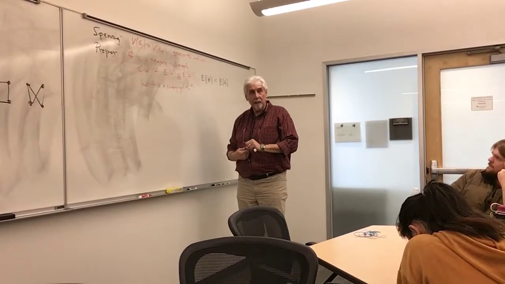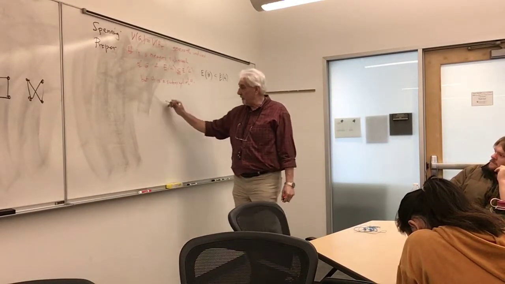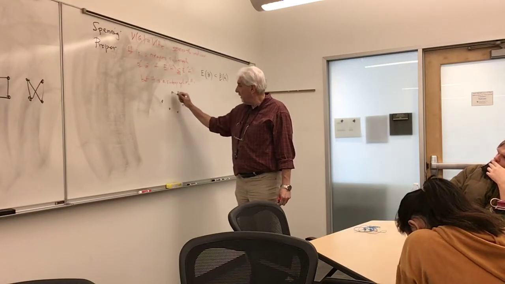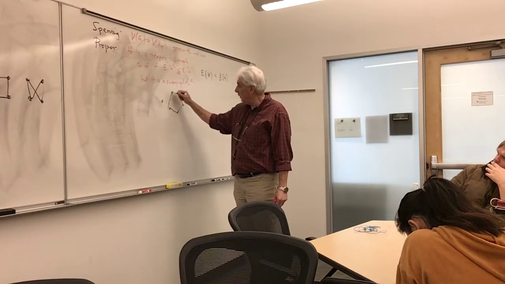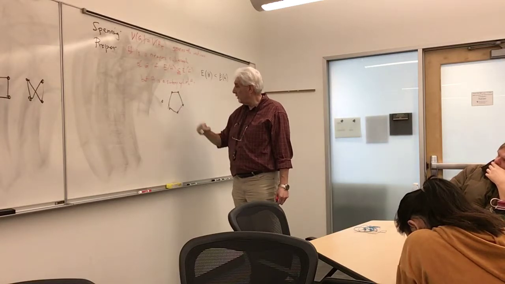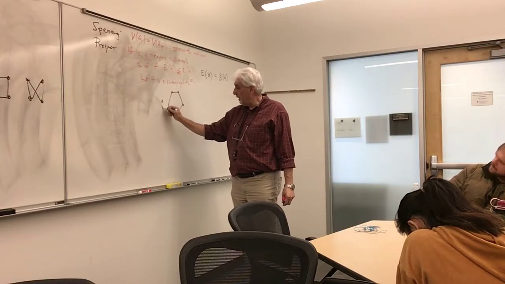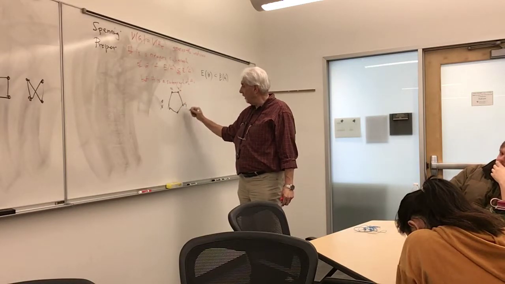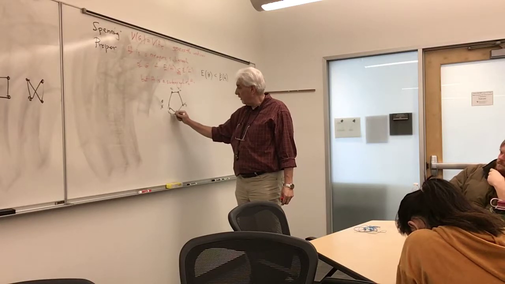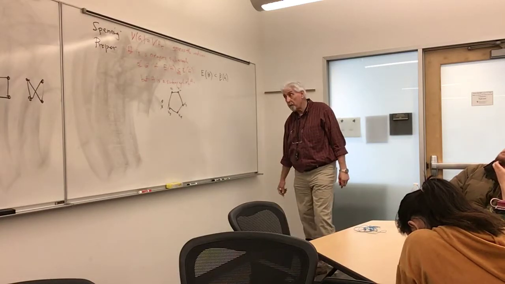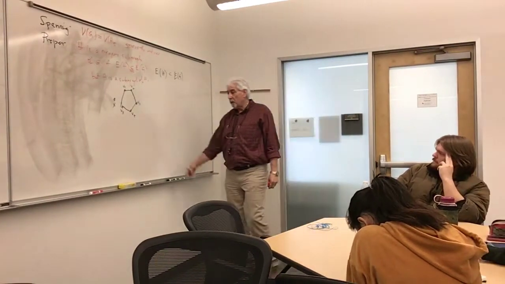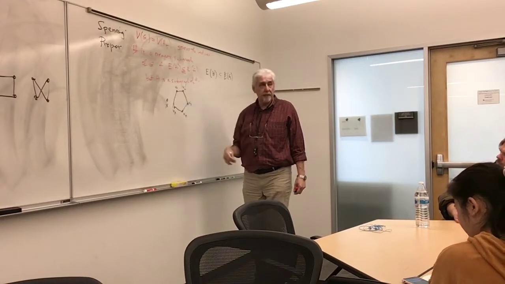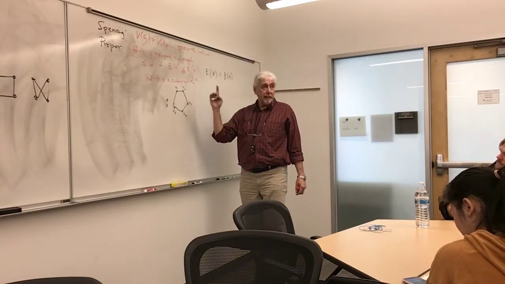So there is a little problem with that. Now I see why he's defined it like that. Let's look at this graph. Let's call this X, V1, V2, V3, V4, V5. The edge set of this is V1V2, V2V3, V3V4, V4V5, V5V1.